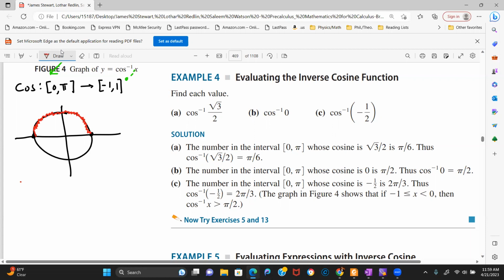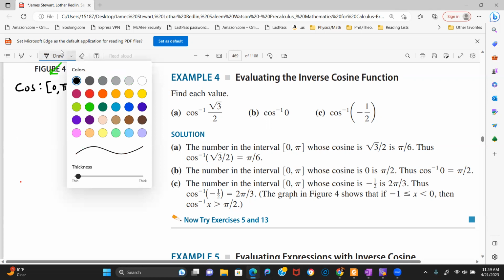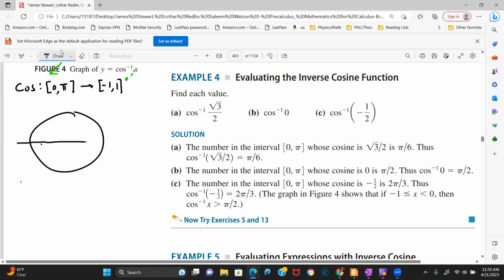So to solve A, I need to find arc lengths or angles on this red arc right here. So this red arc is our allowed values. I get this point here, and then here, and this corresponds to 0, and this corresponds to pi.